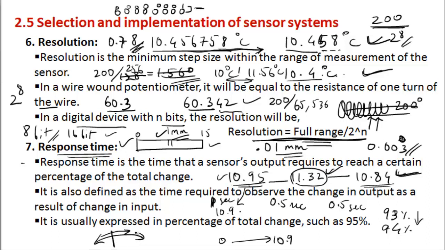So how much time it takes to cover almost 95% of the distance, or how much time it takes to get 95% close to the original value, that time is taken as the response time. If you are in a very critical situation, the response time is very crucial. If you want a faster response time, you will have to spend more.